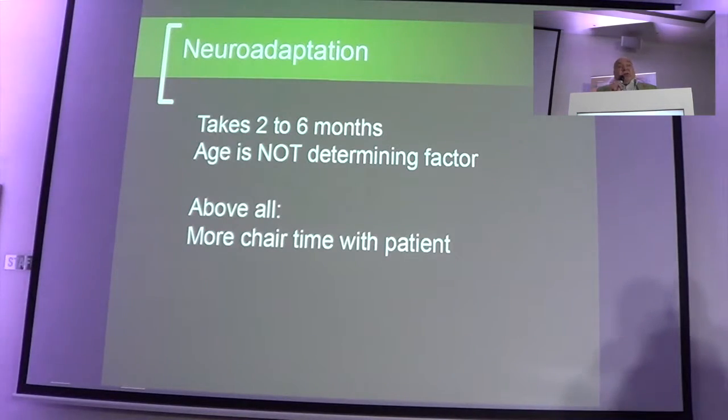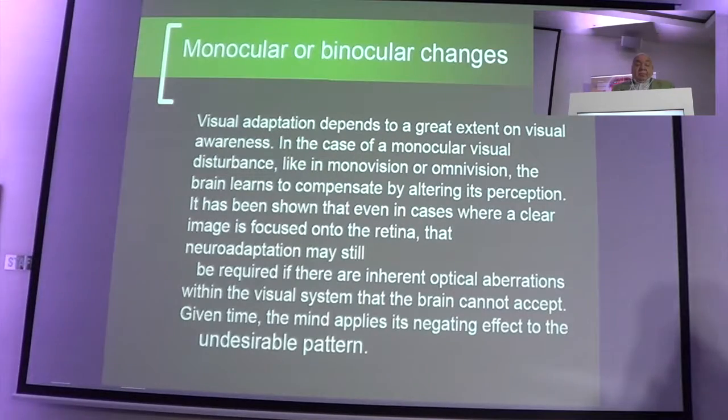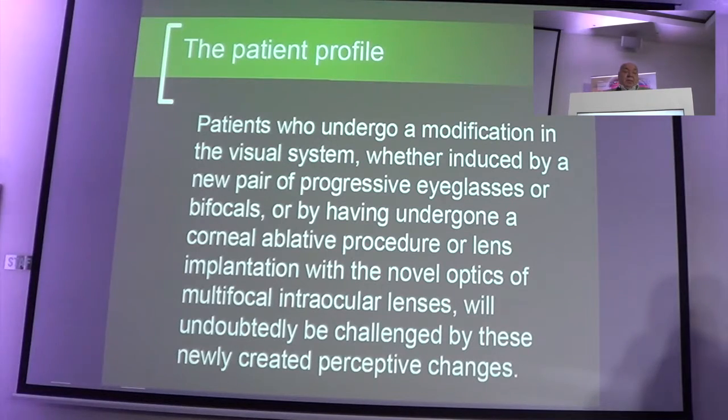Above all, you need more chair time with these people. There will be binocular or monocular changes after surgery, and patients may notice an undesirable pattern. And this you also have to explain to them.